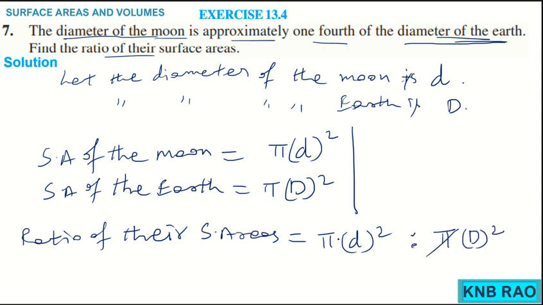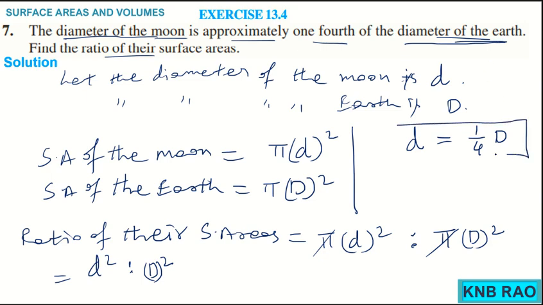So, pi cancels, we will have only small d square is to capital D square. See children, the relation they give: small d is 1/4 of capital D, that is what they say, 1/4 of the diameter of the earth.